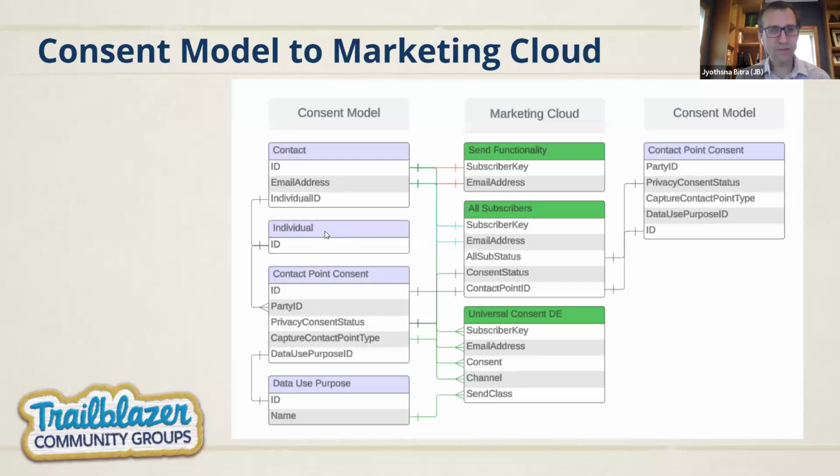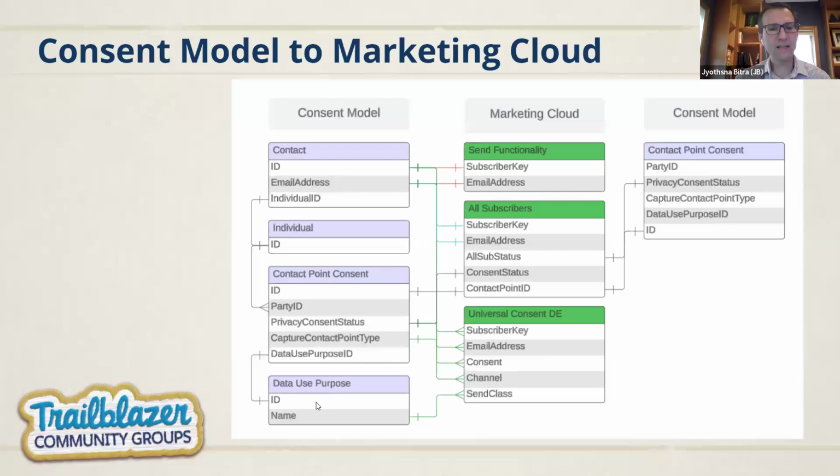And then the contact point consent object is one of the many different objects that Privacy Center is going to populate when you are capturing the consent, whether it's an email consent or SMS consent. So the link to the individual is this party ID on the contact point consent object.